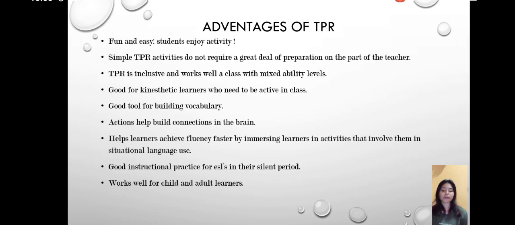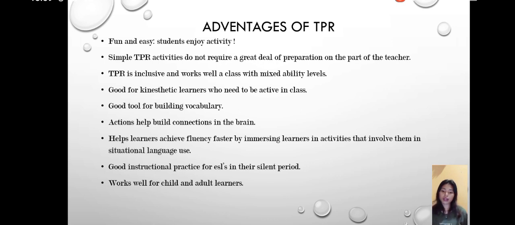Next, advantages of TPR. It is a fun and easy activity students enjoy. Simple TPR activities do not require a great deal of preparation on the part of the teacher. TPR is inclusive and works well in a class with mixed ability levels.